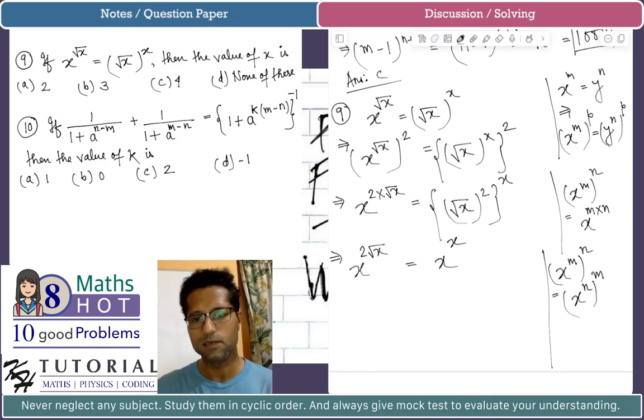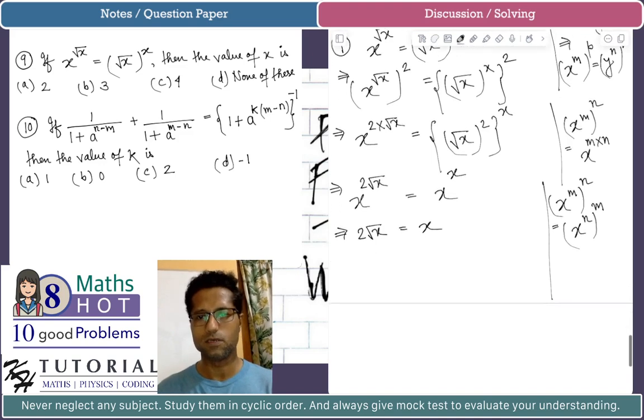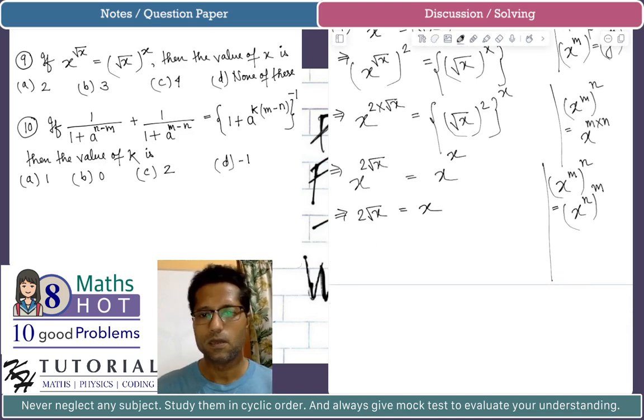Now we can see that the bases have become equal, even though they are in terms of x. Both the base on the left hand side and the right hand side are x. So now we can equate the power. So we have 2 root x equals x.